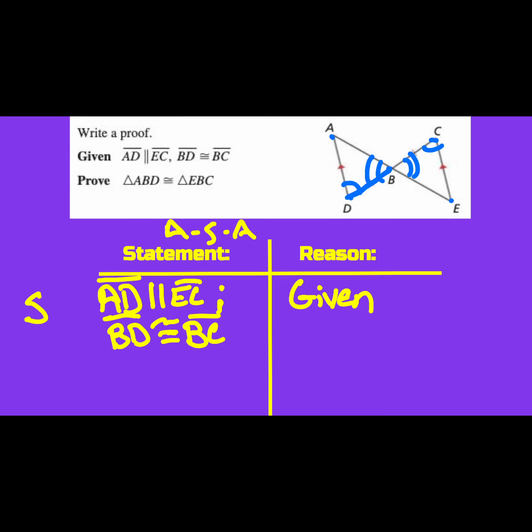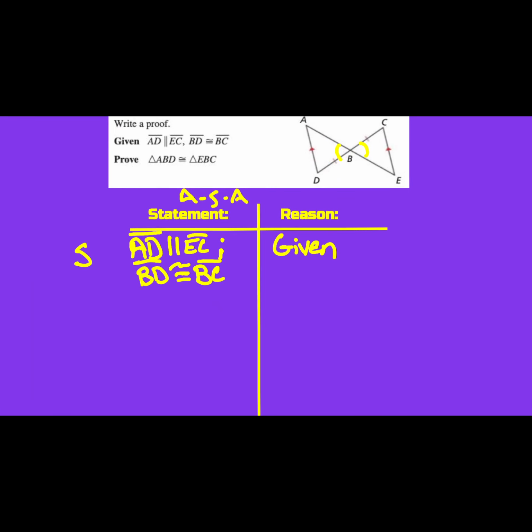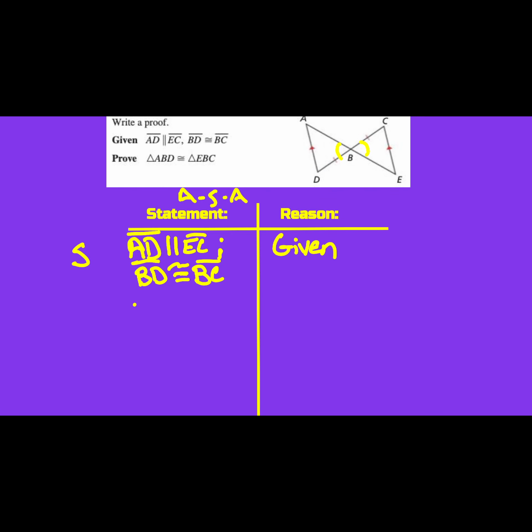We can prove pretty quickly that these two are congruent, right? We could say that angle DBA, this angle right here, is congruent to angle CBE.